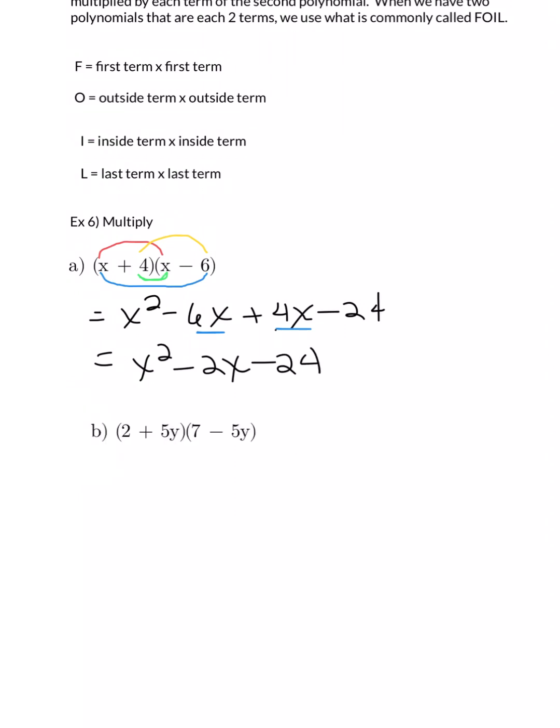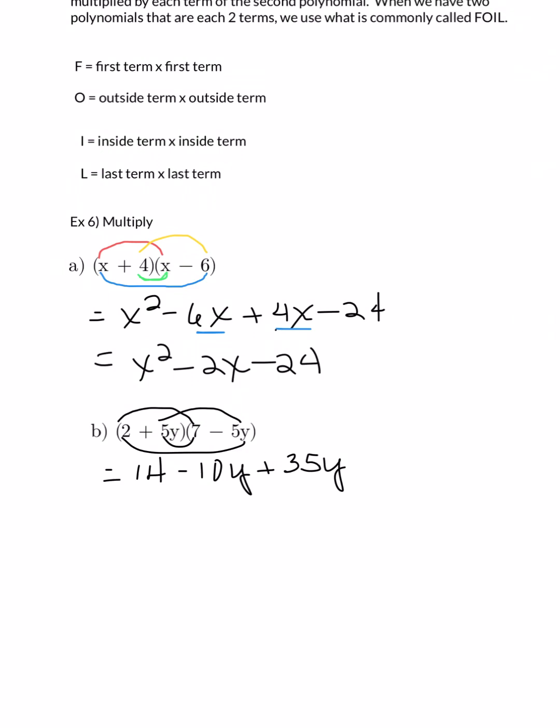On example B, we are still doing the same idea. We're going to do FOIL. So our first times our first is going to give us 14. The outsides are going to give us negative 10y. The insides will give us positive 35y.